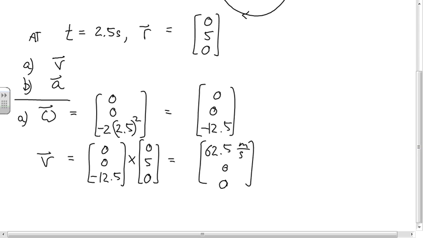And now we want to calculate the acceleration of the point, so we're going to have to get the angular acceleration in order to use that acceleration formula. The angular acceleration is omega dot.